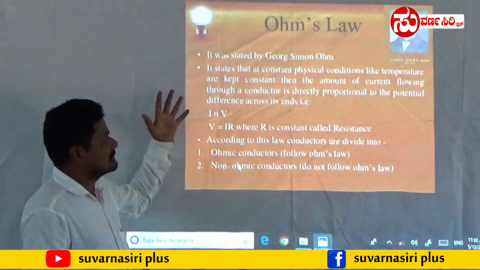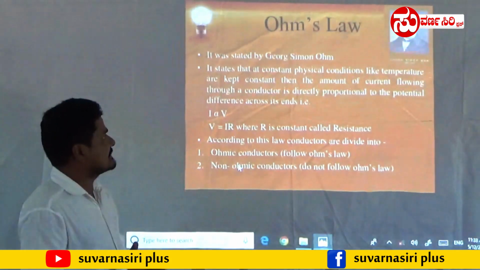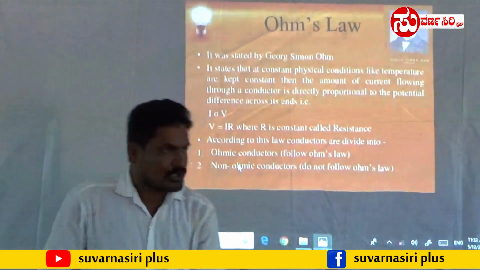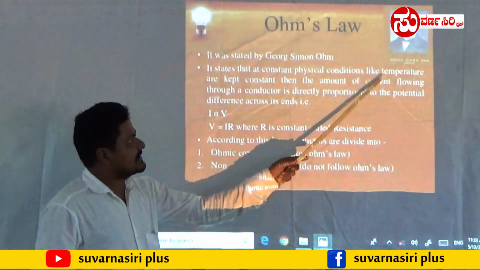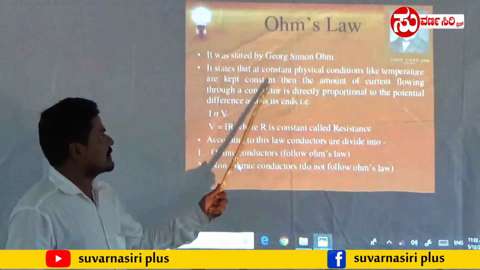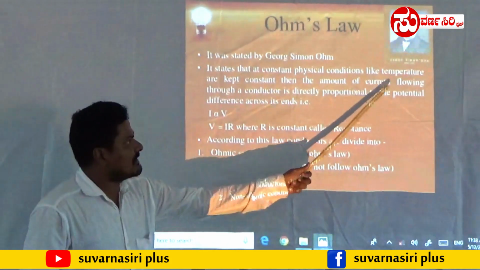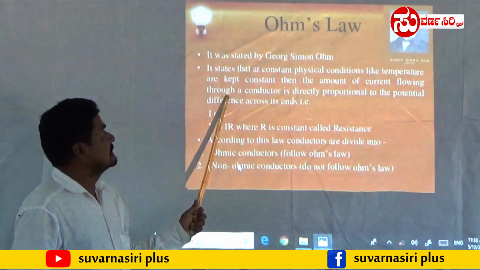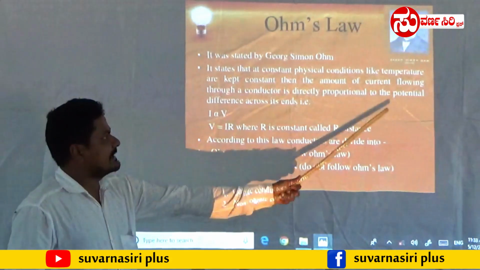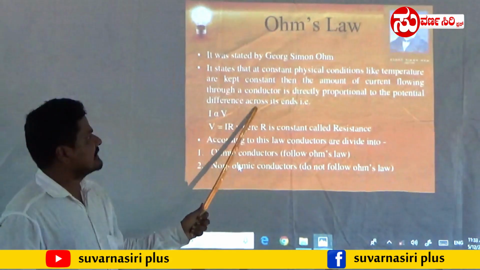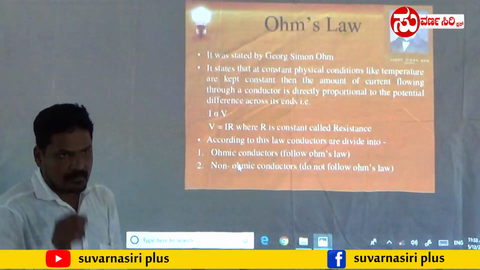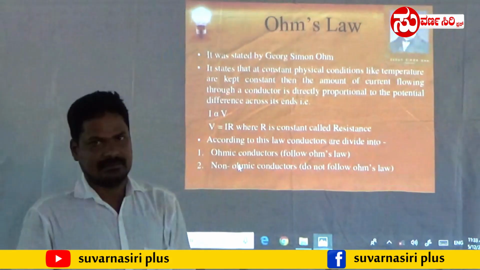According to this law, at constant physical conditions like temperature, the amount of current flowing through a conductor is directly proportional to the potential difference across its ends.